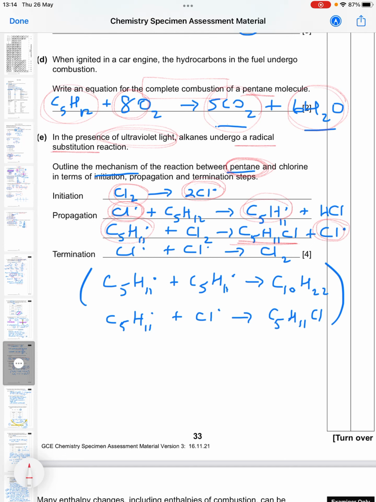And then termination is any reaction where two radicals react together, removing them from the reaction. So two chlorine radicals giving the chlorine, two of these C5H11 radicals giving us C10H22, or one of each, the C5H11 and the chlorine radical giving us C5H11Cl.